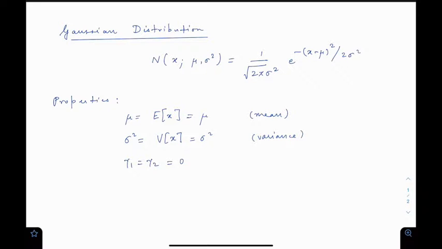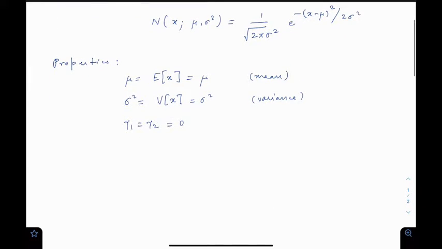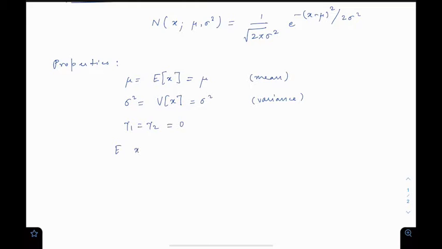Now if you look at the central moments, then for odd n, this comes out to be 0, whereas for even n, we get this double factorial times sigma to the power n, but this can also be written as n factorial by n by 2 factorial and 2 to the power n by 2 multiplied by sigma to the power n, sigma being the standard deviation.